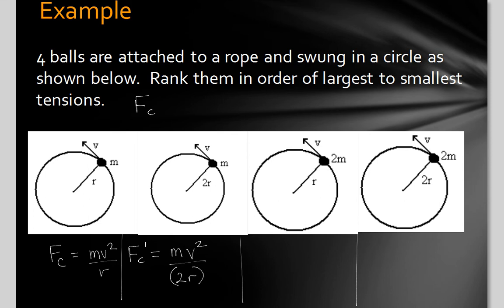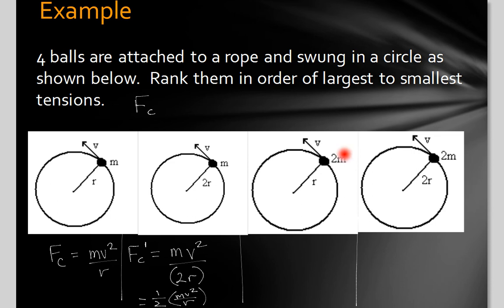If you slide out the coefficient 2 in the denominator, you can see that that's going to be exactly half of the original force, as mv squared over r is the original force. So for this example, if you double the radius, it'll be half the original force.